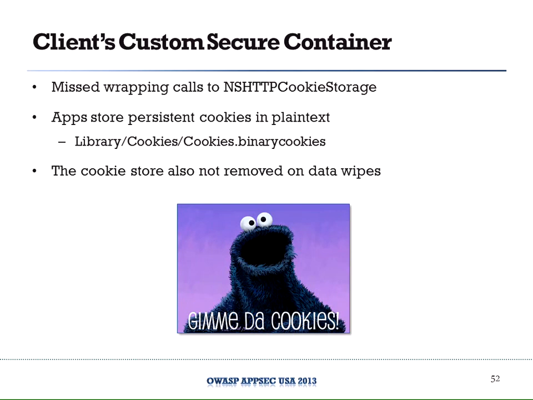And obviously, cookies are important on the web because they handle authentication. So you're storing the keys to the kingdom unencrypted in your supposed secure container. And since they never took that API into consideration, whenever a data wipe was triggered on the device, it never removed that data either.